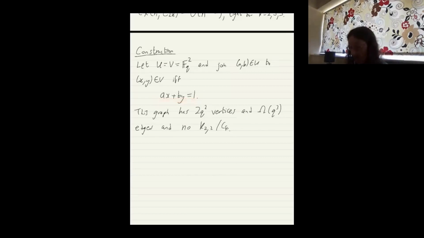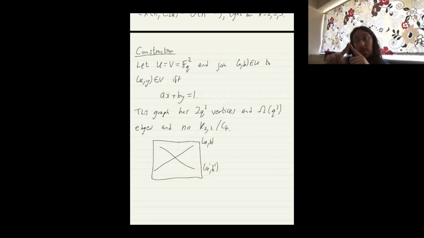So for every pair a and b, I have my copy of F_q squared on the other side, and (a,b) gives me one line on the other side. Some other (a',b') gives me a different line on the other side, and any two lines intersect in at most one vertex. So that means that any pair on the side U have at most one vertex in common on the other side, simply because two lines intersect at most once.